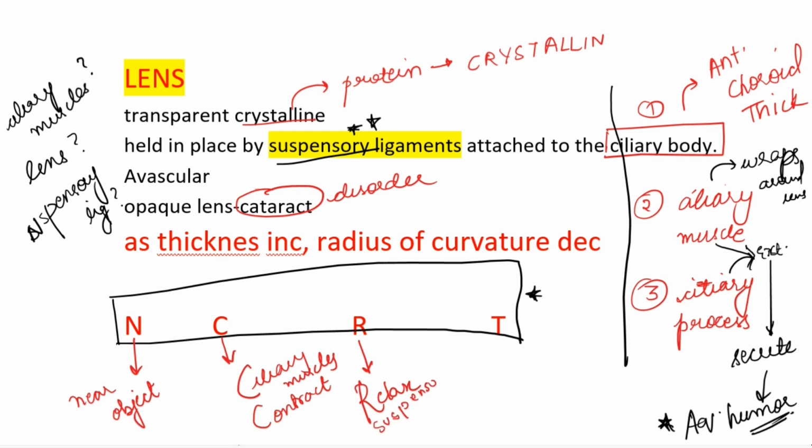So with this you can replicate for what happens when you see a distant object. This is an amazing trick which will help you save a lot of time in answering such type of questions framed on the same line.